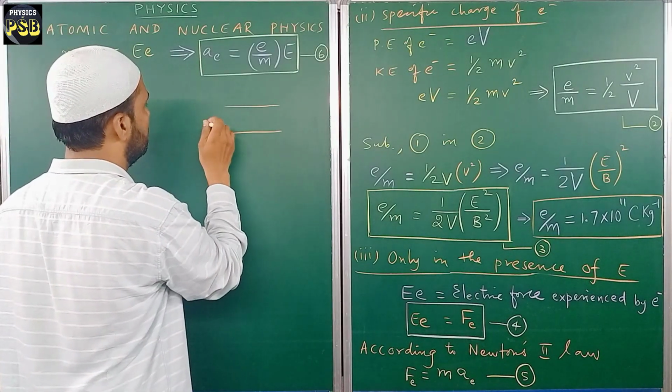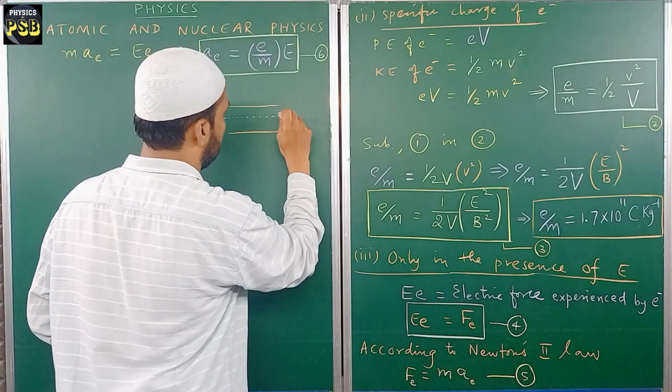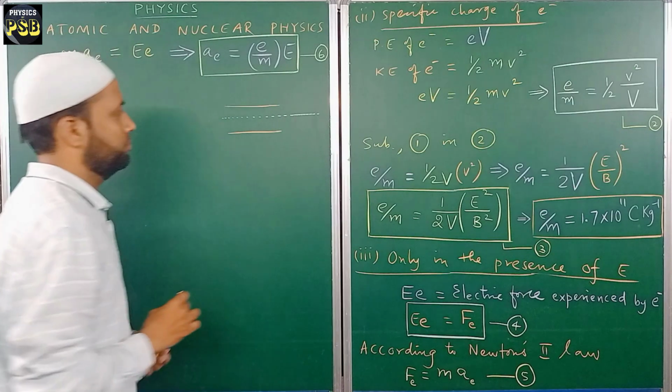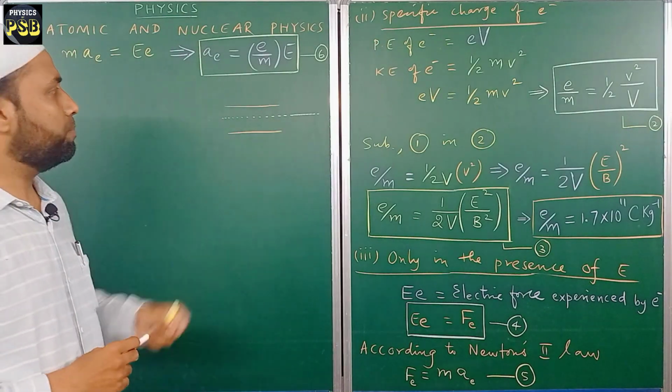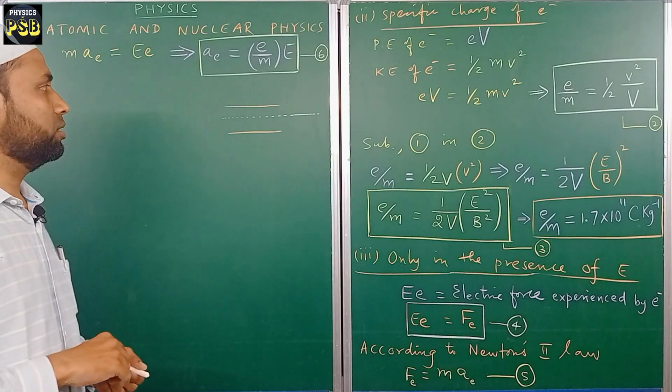This is the path of cathode ray in the presence of electric field and magnetic field.